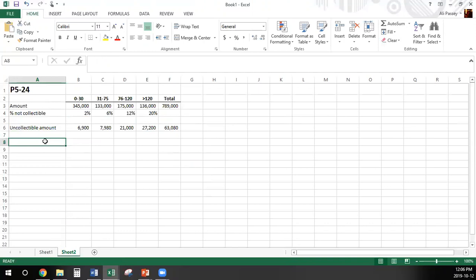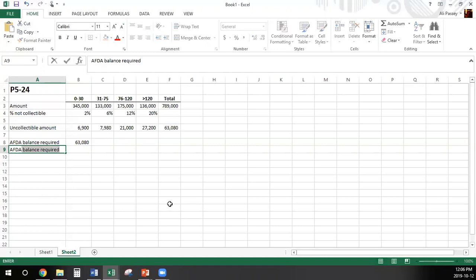So in this case, we know that our allowance for doubtful accounts balance required is the $63,080 that we just calculated.